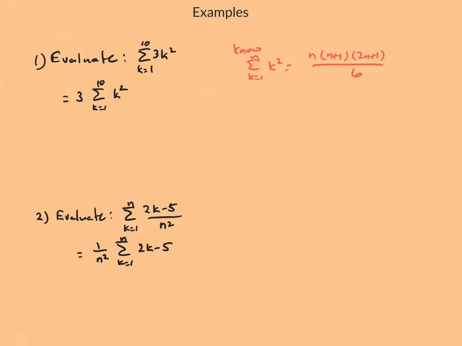So in this case, I know n is equal to 10, so this is going to be 3 times that sum, n times n plus 1 times 2n plus 1 over 6.